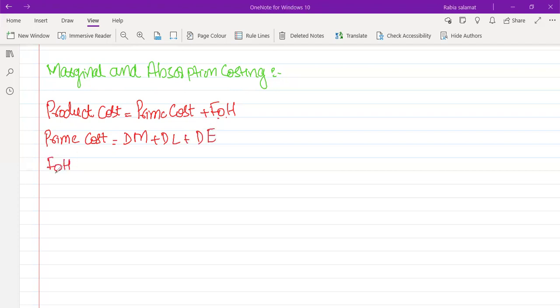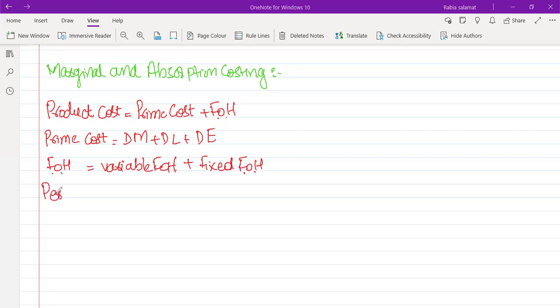And in factory overheads, we have two types: variable factory overheads and fixed factory overheads. This is your prime and this is your factory overheads.